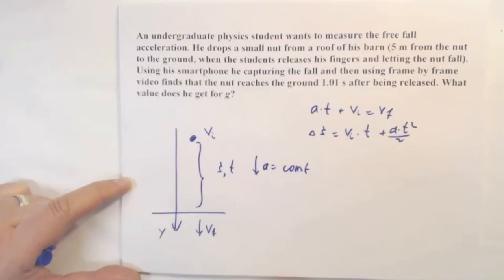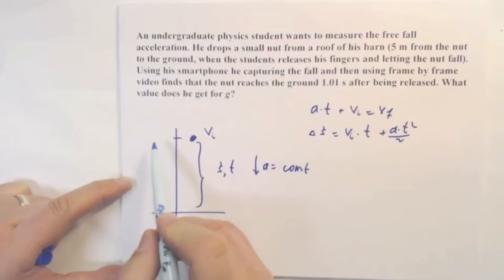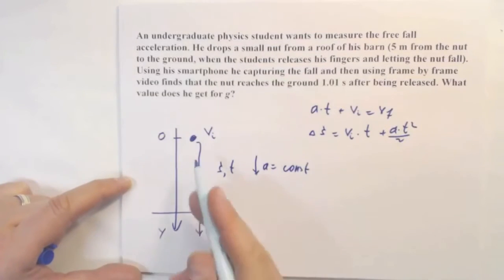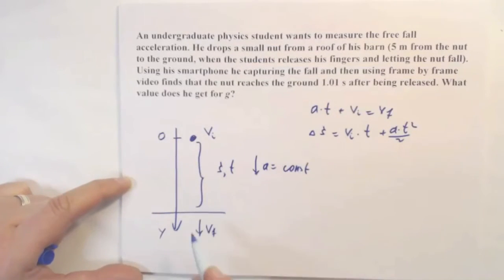Now we're supposed to choose the origin, the zero position, zero level. We could choose it here on the ground, or we could choose it at the initial position of the nut, or whatever object it is, it doesn't matter.